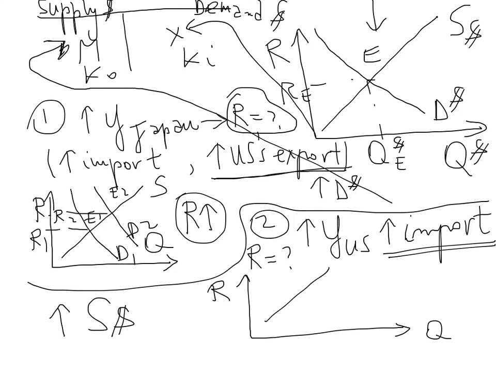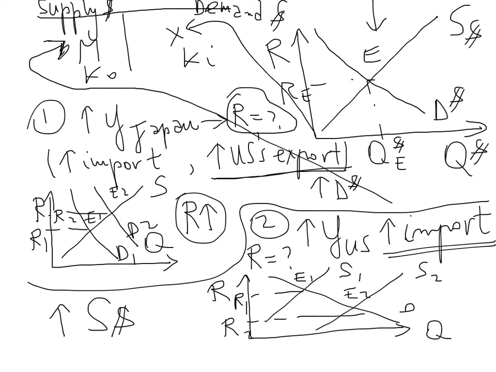So we have S1, S2, demand. S1 and demand give my E1, R1. S2 and demand give E2, R2. So right away you can see that the exchange rate depreciates in this case.